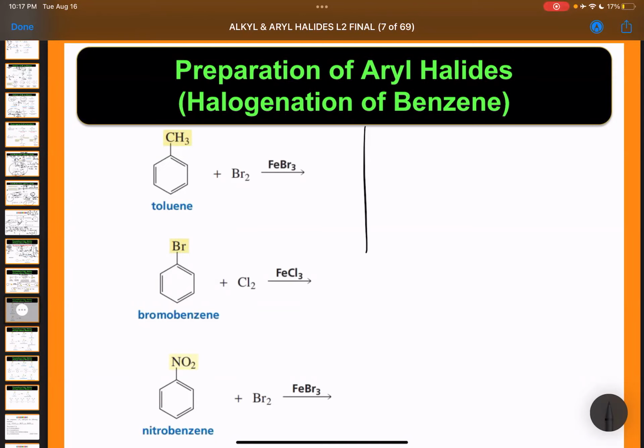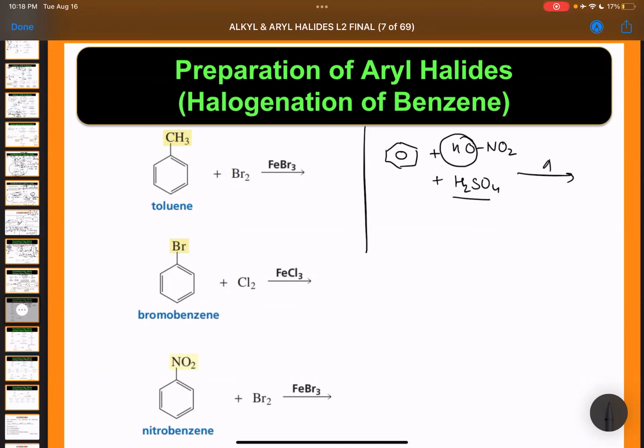In many you use Lewis acid, but not in all the reactions. For example, if you need to prepare nitrobenzene, you take nitric acid. Okay, that is a common acid which is there in our lab. You take nitric acid and you take H2SO4. H2SO4 is a very strong acid and it absorbs water and it removes OH.